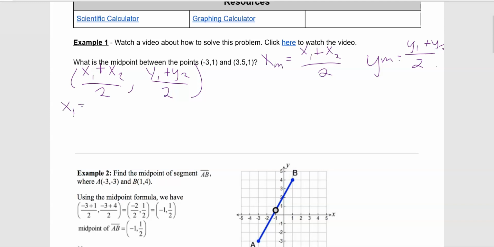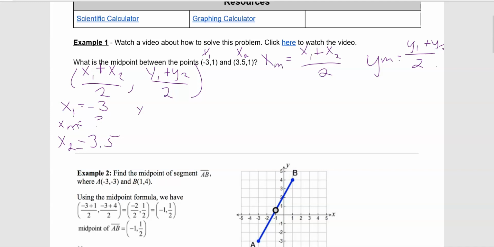So we have our x1, x2, x of the midpoint. And actually, let's go ahead and, like we used to, list x1, x of the midpoint, and then x2. Because if you think about it, the midpoint's in the middle. So our x1 will be -3, our x2 is going to be 3.5, and our midpoint x is unknown. So now we're going to plug these into the formula, list, formula, substitution.